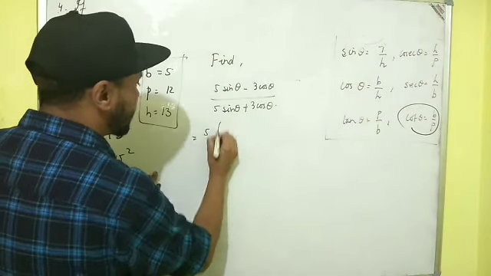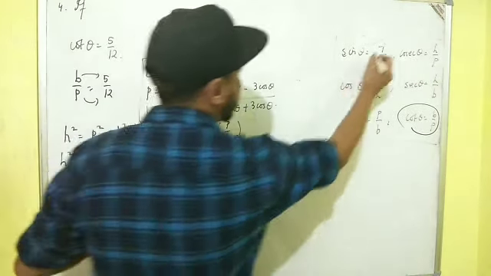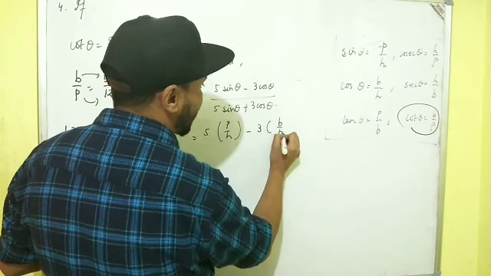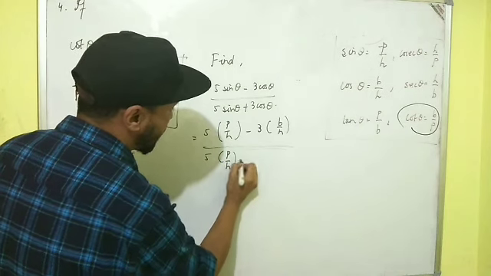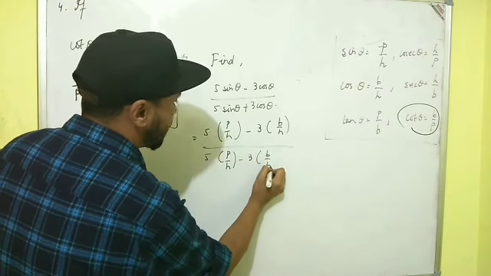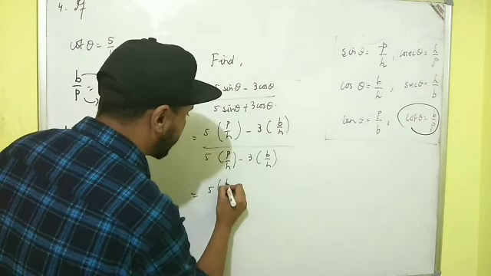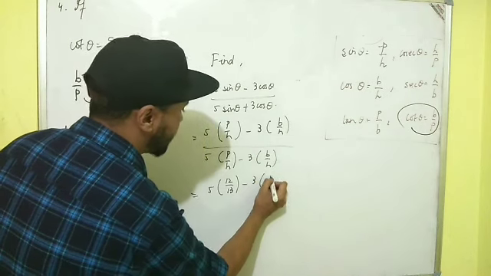Now this is 5 into sin theta, which is p by h, minus 3 into cos theta, divided by 5 into p by h minus 3 b by h. So 5, now p is your 12 and h is 13, minus 3 into b, which is 5 by 13.